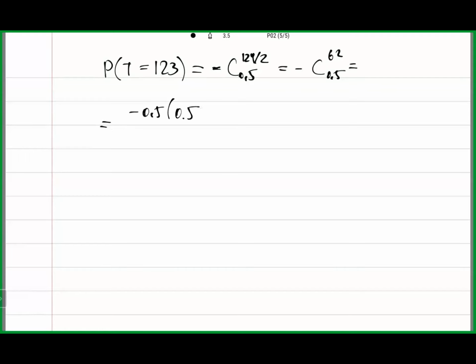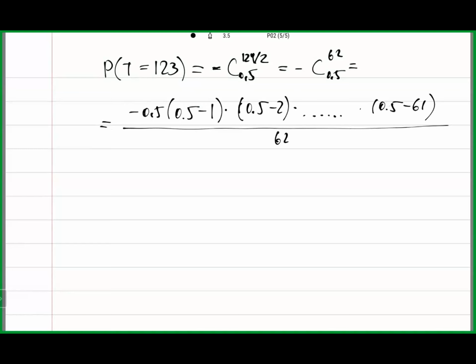Hence, we can write it as minus 0.5 times (0.5 minus 1) times (0.5 minus 2) times and so on, times (0.5 minus 61), divided by 62 factorial. And to represent it in a more readable way, we can multiply and divide by, so how many terms do we have? We have 62 terms.